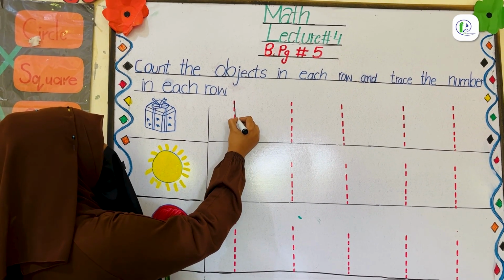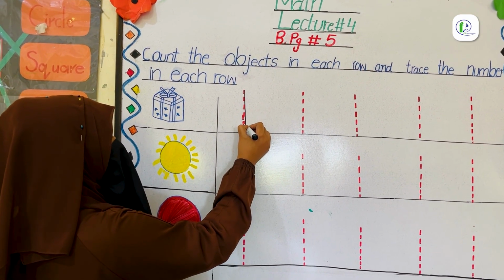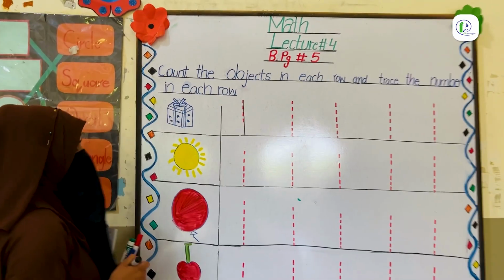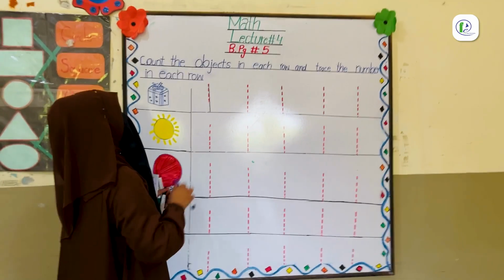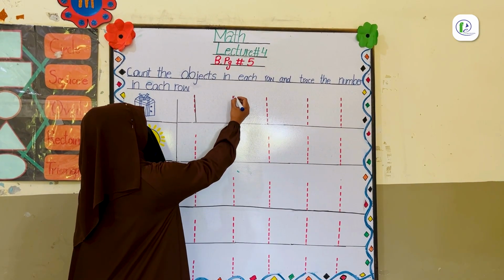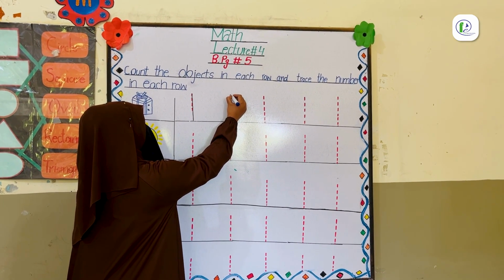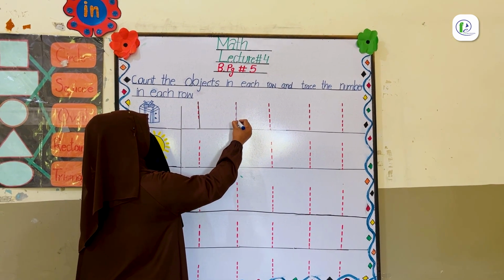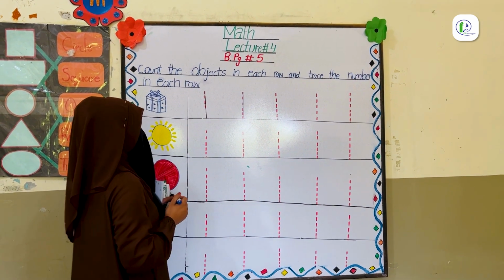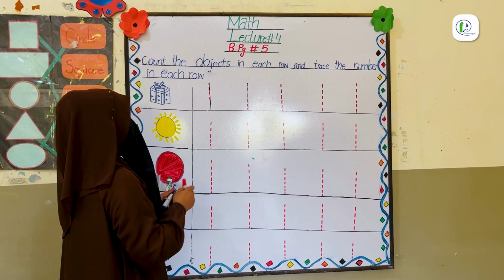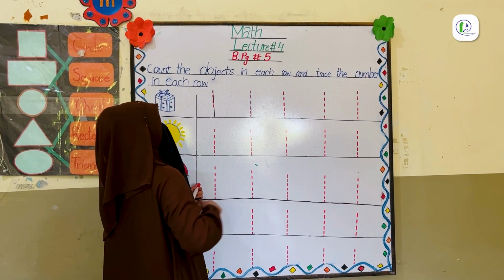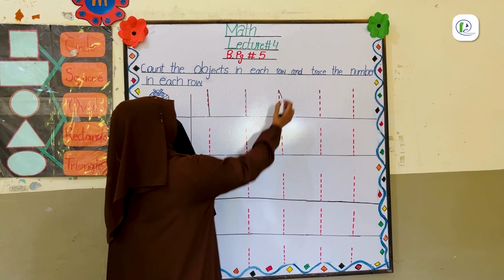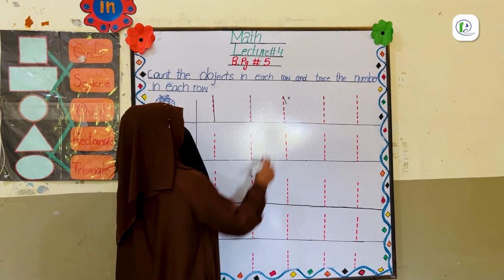Combine the dots. It's done. Move towards the next tracing one. Join the dots. Very good. If you go outside like that, it will be wrong.